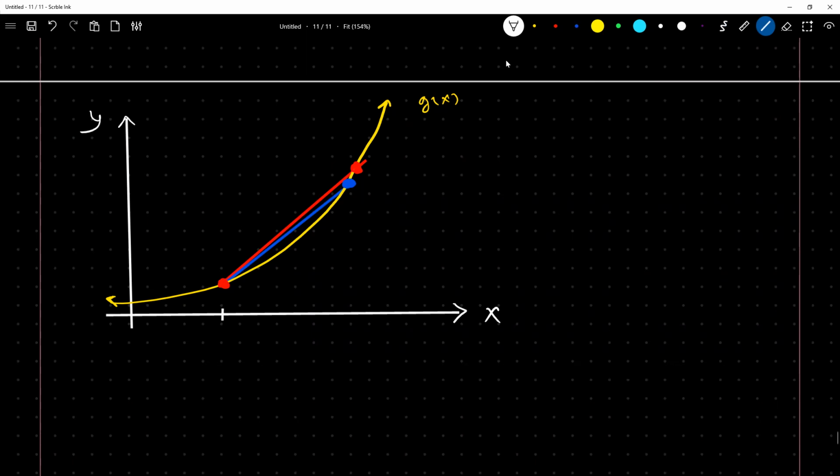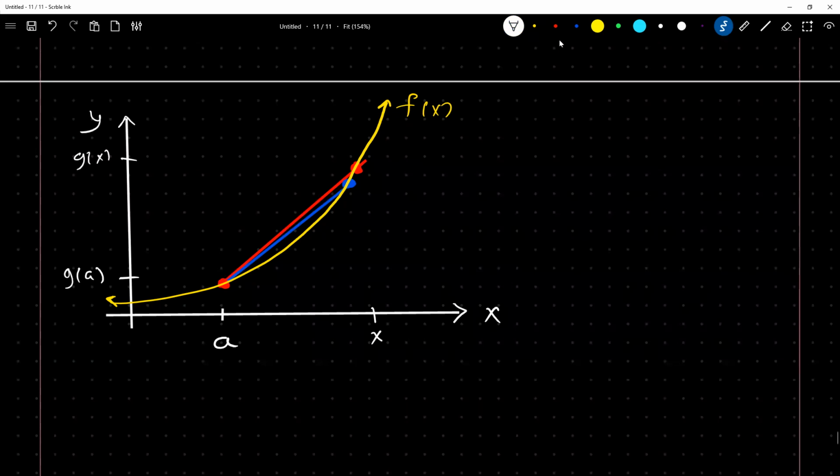Let's call this point A, and we'll call this point out here X. So this will be g of A, and this guy over here will be g of x.